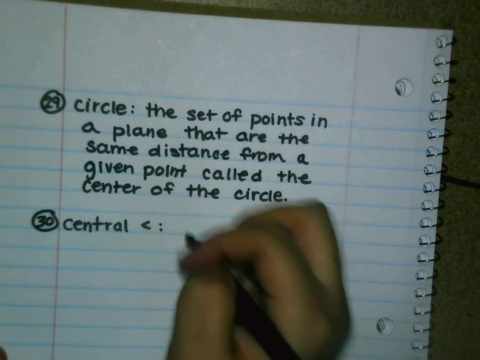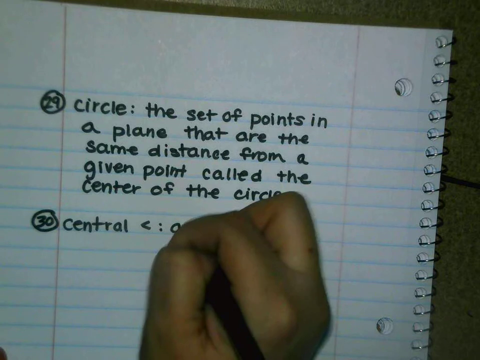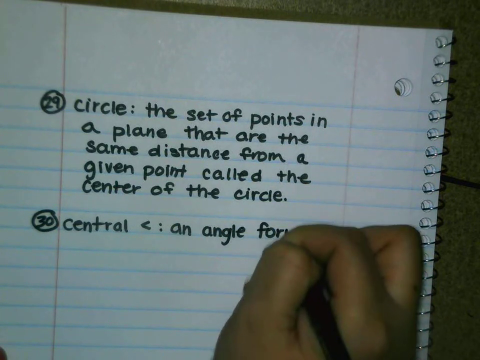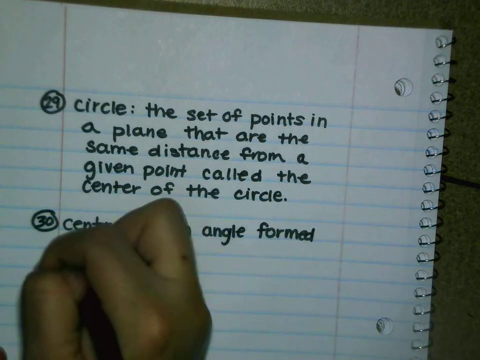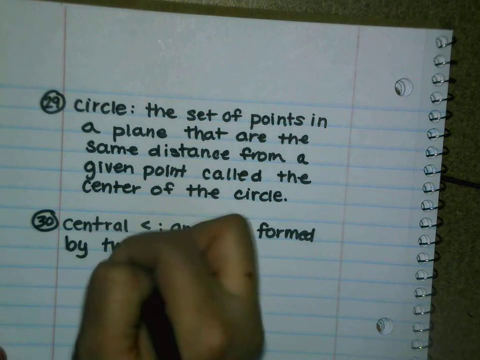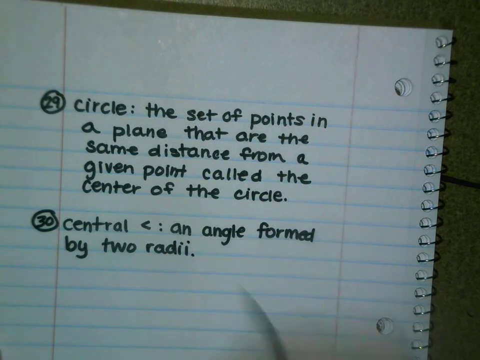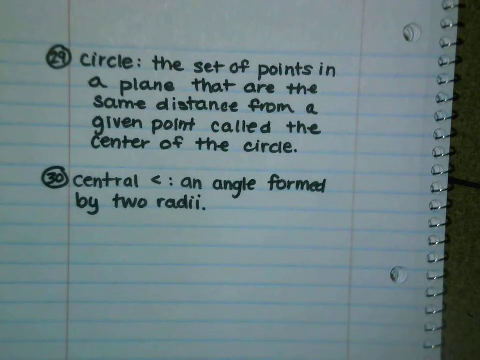A central angle is an angle formed by 2 radii. So with 2 radii, the angle they form is the central angle.